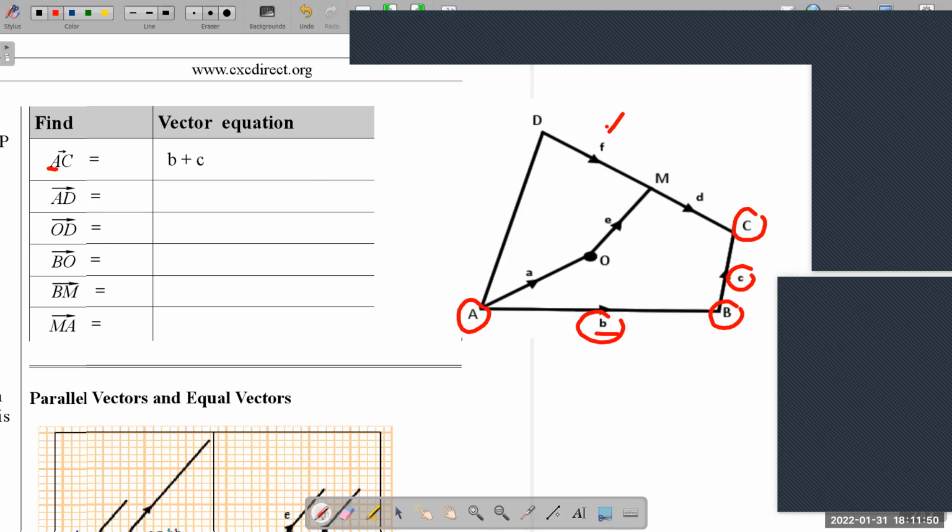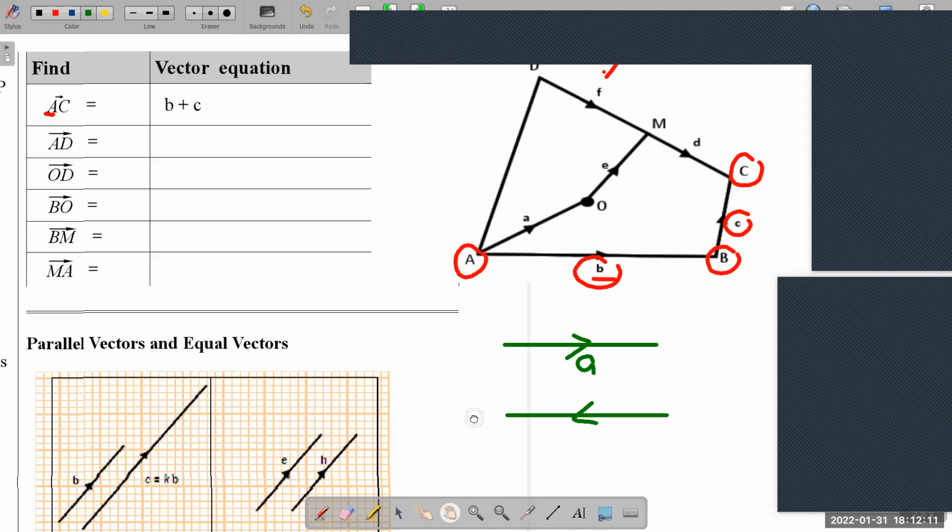Now, for those who were not here for class last week, I just want to remind you guys of something. Let's say I have a vector going in this direction and I call this vector A. If I have a line that is parallel but going in the opposite direction, anybody remember what it's going to be called?